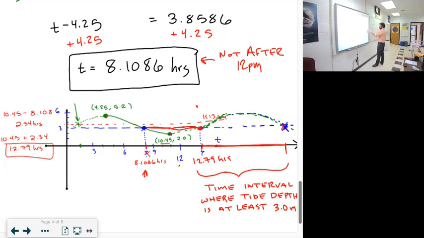At this point right here, that's one full period, because now that the water goes below, that's going to repeat the wave where it is right here. We calculated the period of our graph earlier, and we got the period to be about 12.4 hours. So from this point to this point is 12.4 hours. That's one full period.